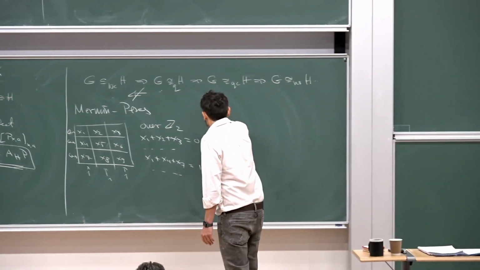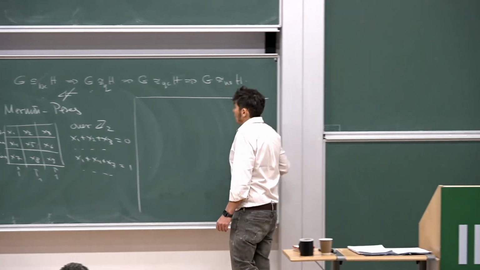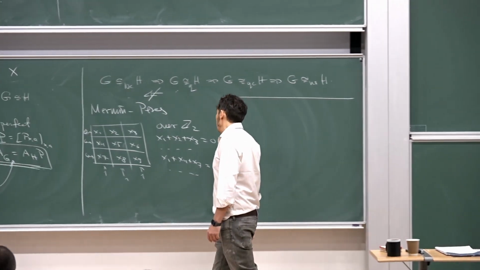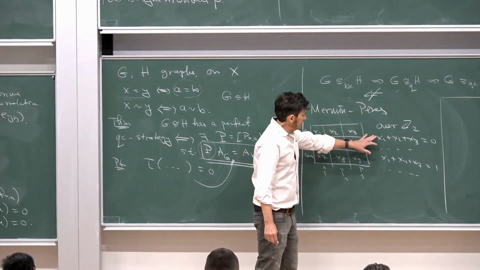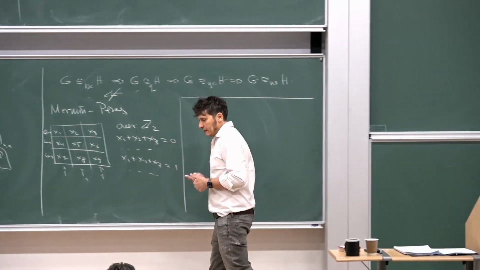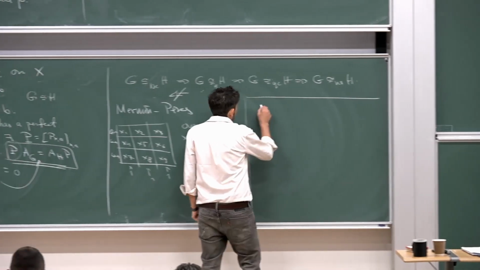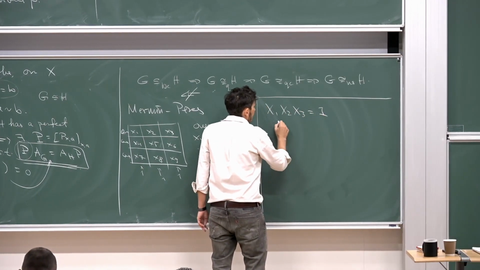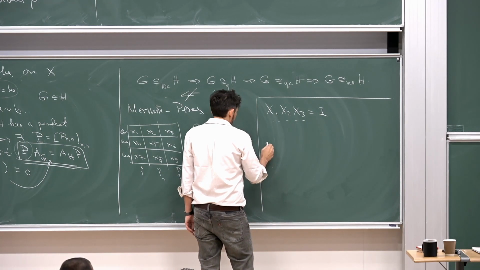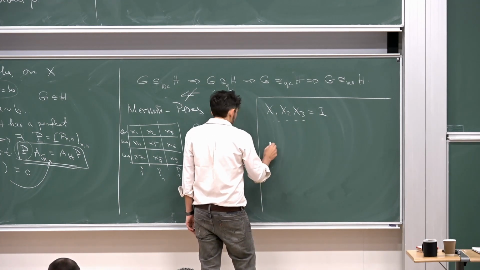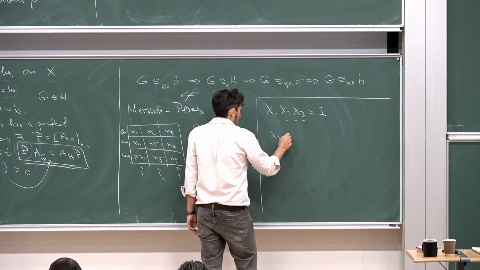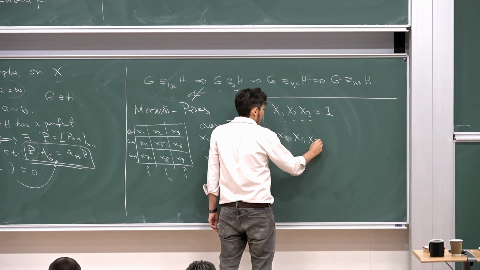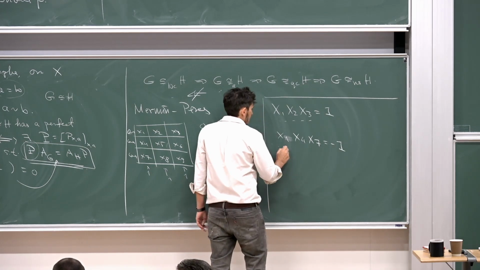So you can win it perfectly using quantum correlations, and one way to see that is that first of all, these relations, I want to make them multiplicative. So I want to talk about the relations of this form x1, x2, x3 equals to the identity, up to x1, x4, x7 equals to -1, and so on.